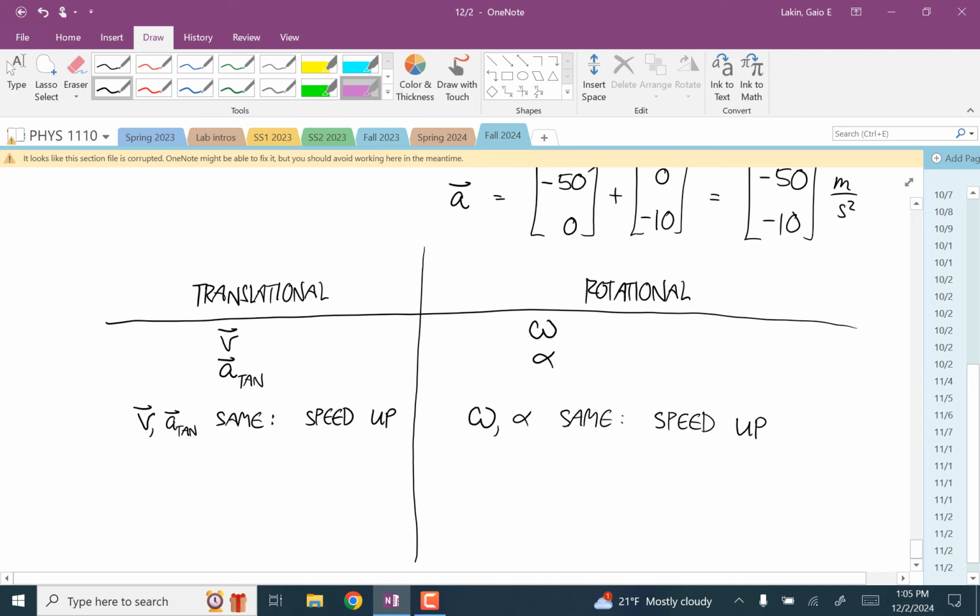Then for translational, if the velocity vector and the tangential acceleration vector are in opposite directions, it means the object is slowing down. And for rotational, if angular velocity and angular acceleration are in opposite directions, it means the object is slowing down.